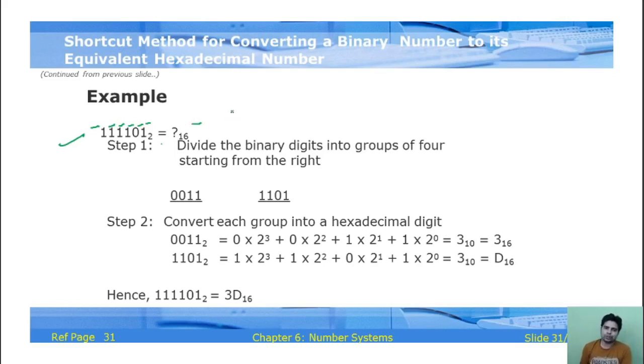Here in the case of hexadecimal, we just make groups of 4 digits. The first group is 1101, the second is 11, and to complete the 4 digits, we just add two 0s before it. So there are 2 groups, and this is the binary. Then convert each group into hexadecimal.